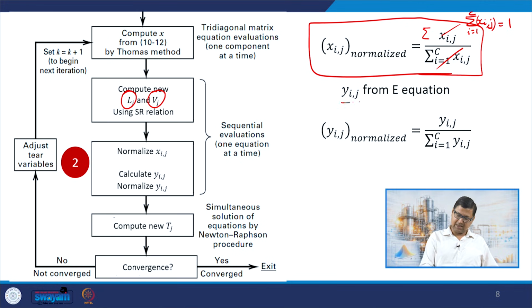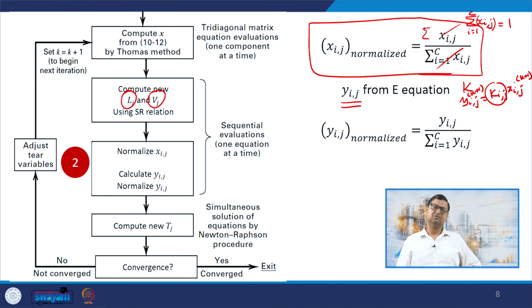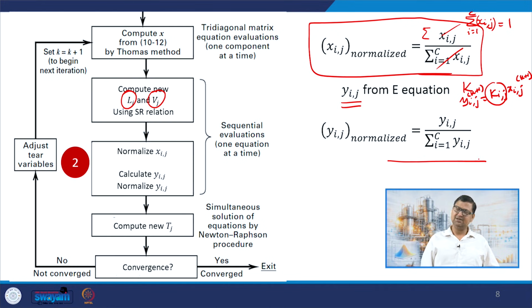And now, I use this old value of temperature, whatever I have available, to get this k, and I can then compute yij as kij xij. So, kij is using the old temperature but the new composition, and the yij for the new iteration is related to kxij for the new iteration, and again we have to normalize yij, which we are doing in a similar manner.